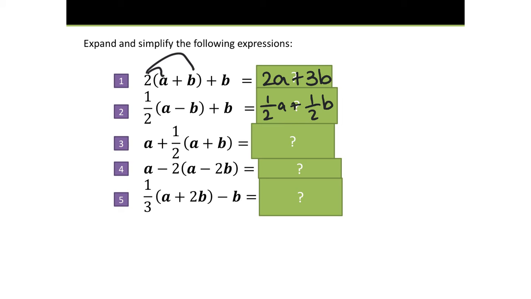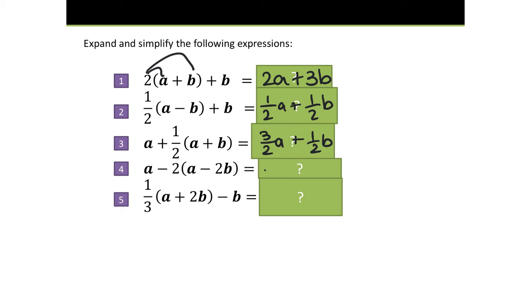Okay, are you ready to do the next one? We're not doing steps. Let's go. Tell me what it is. Which is? No, you should be able to do this in one go. 3 over 2A plus a half B. Okay, how about the next one?